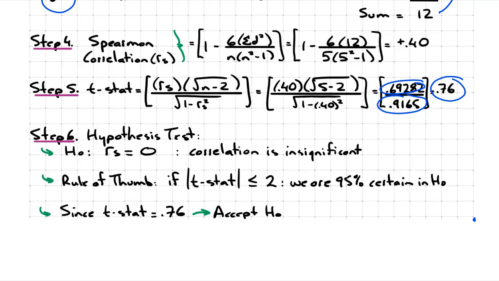So what's the rule of thumb? The rule of thumb is that if the t-stat, in other words the sample statistic, is less than or equal to 2, in other words, it's less than 2 standard deviations away from the null, then we are 95% certain that the null is true. Again, let me repeat this. Here's a null statement.